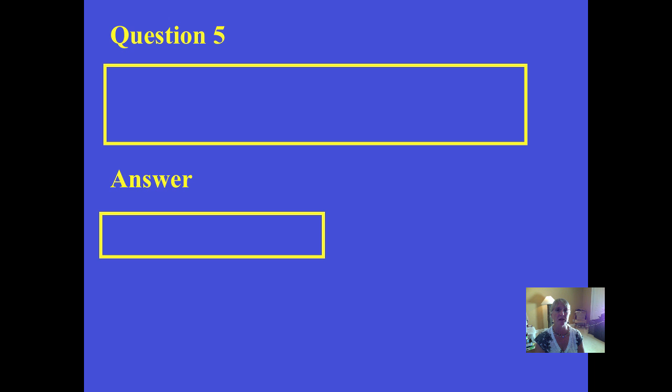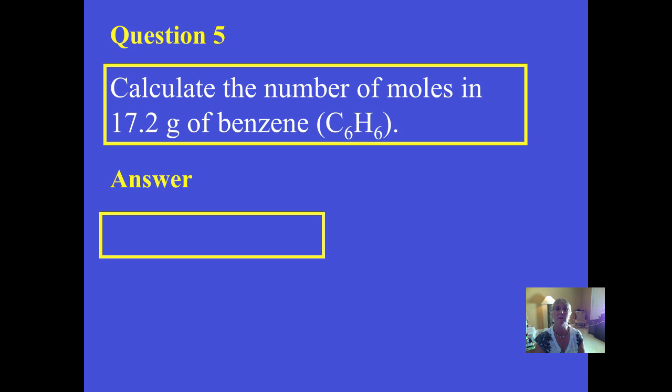I believe this is the last problem. Calculate the number of moles in 17.2 grams of benzene. I got a little twist here for you. Up until now, we'd only been looking at elements, but this is a compound. And to find the molar mass of a compound is dead simple. I'll go to the periodic table and multiply the molar mass of carbon by the number 6.